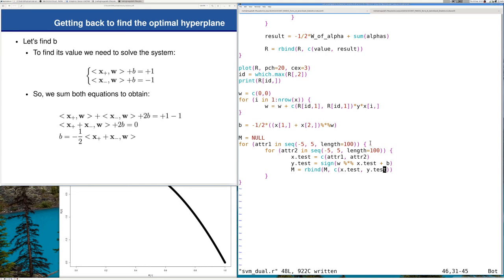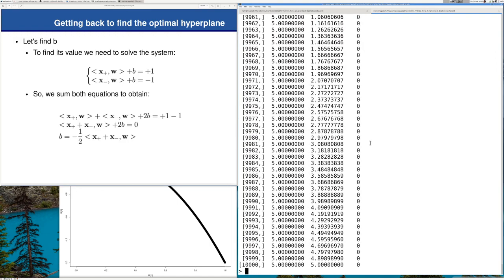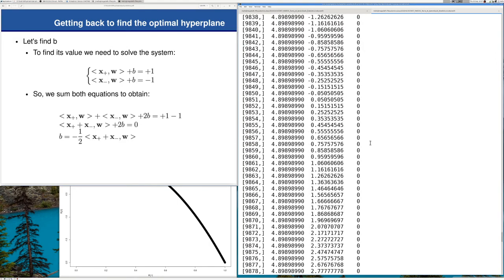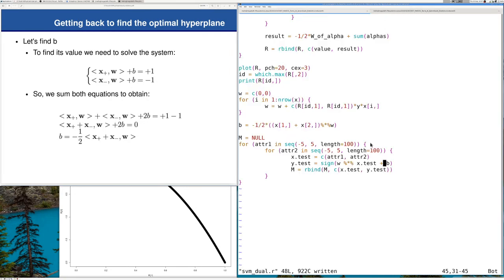Let's see if this runs. I'm not sure if this is going to run or not. Let's see what is in M. Oh yeah, there is something here in M, but it looks like the results are wrong. Let's see what's happening here.